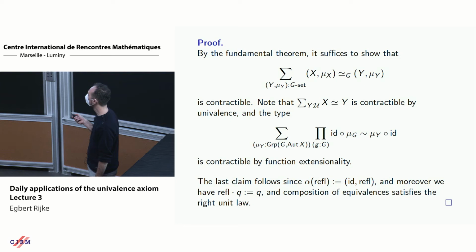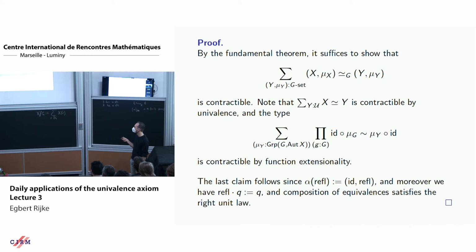And then the last claim follows, because if we now look at alpha of refl, so we got our equivalence, alpha. This will be the identity equivalence together with the proof refl that it respects the group actions.